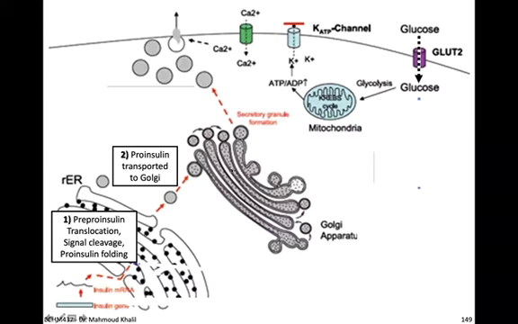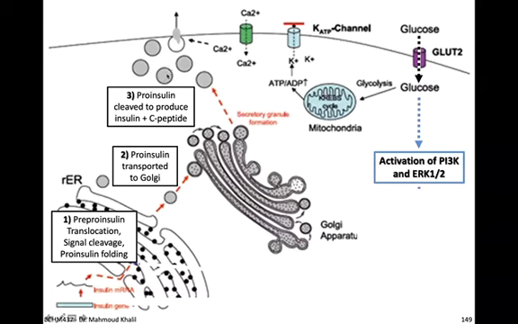In the Golgi, the proinsulin is cleaved by endopeptidase and exoproteases to release the C-peptide and the mature insulin that is packaged in vesicles, and then released, okay?